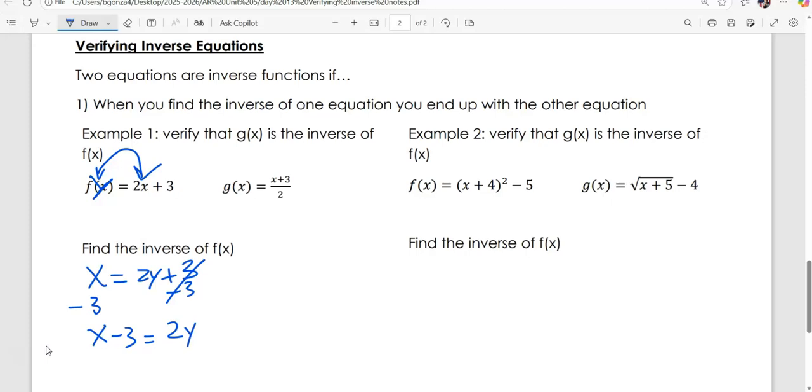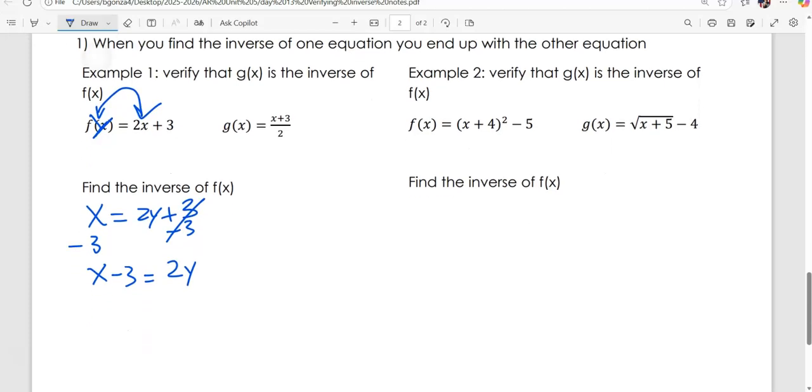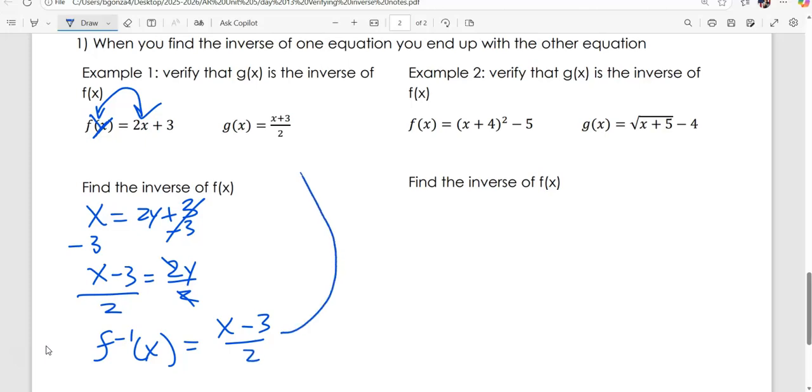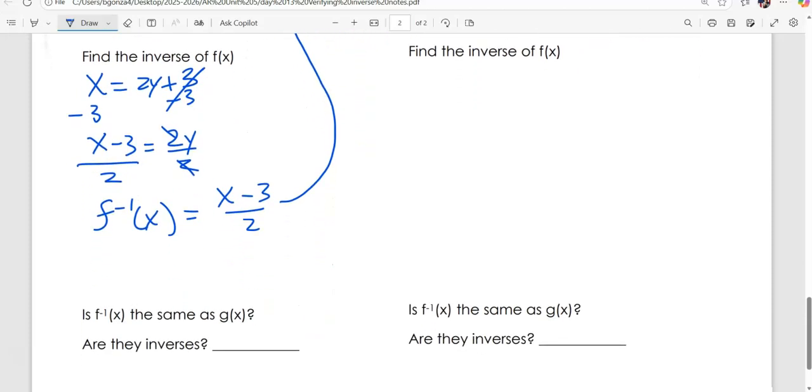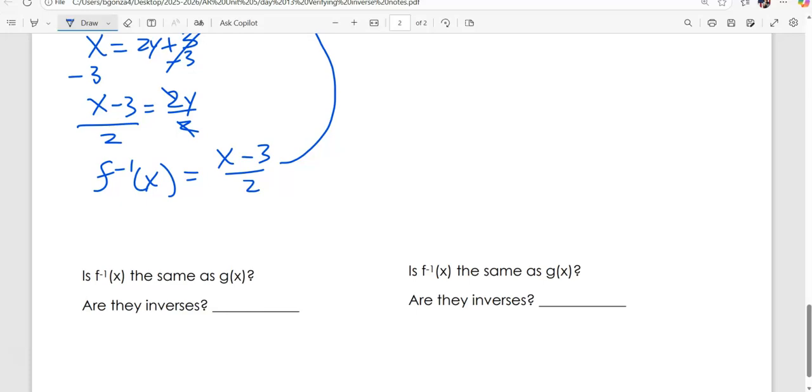Your last step is to get rid of that 2 by dividing, right? Divide by 2, divide by 2. And then you write it as an inverse, x minus 3 over 2. Does this match this? No. Right? That little plus sign, that's a minus sign. These do not match. So down here, you're going to put no way.